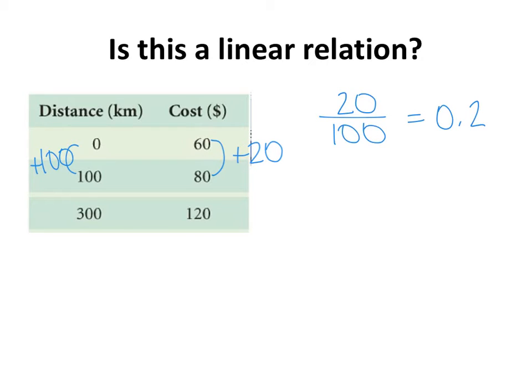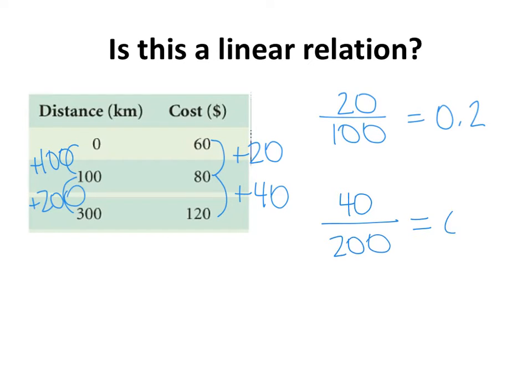Now let's look at the next changes. The change in our dependent variable y this time was 40. The change in the independent variable x this time was 200. It turns out we get the exact same ratio. So even though the pattern wasn't necessarily as obvious, this is still a linear relation.